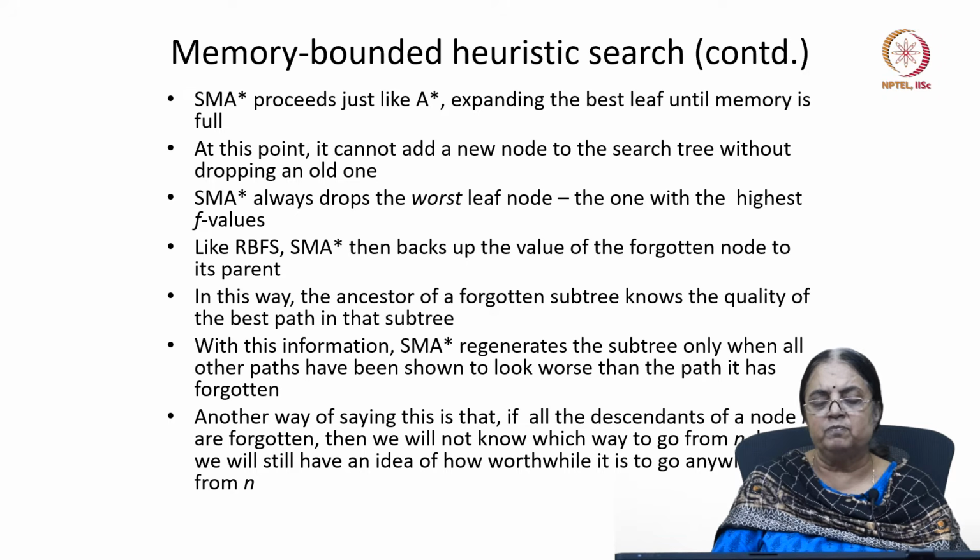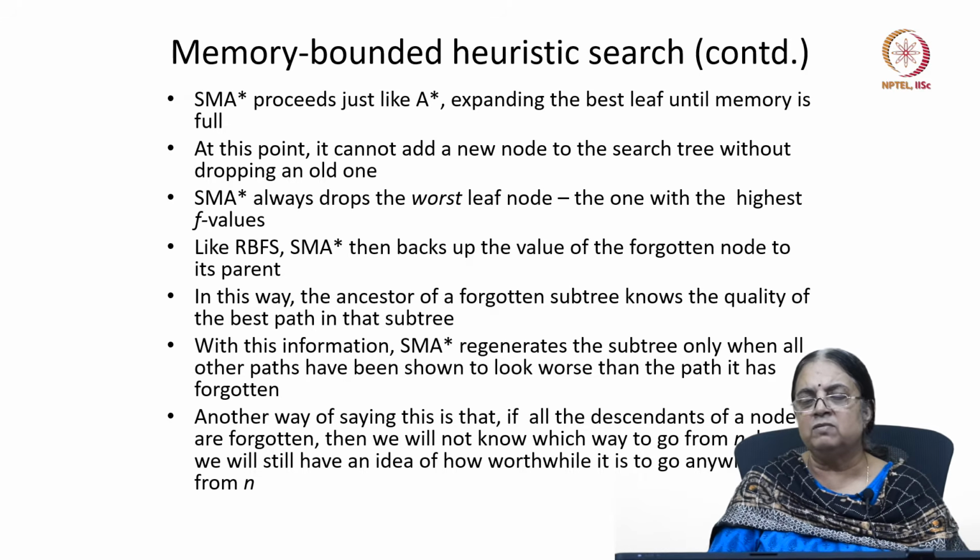But as you go down one tree, if you find that the f cost of the forgotten subtree is better than what you are doing now, then you note down at the root node the f value for this path which you are now working on, and you expand the other subtree. You keep doing this at every point in time. You are removing subtrees which are worse, but if they get better than what you are using now, you go back to those because you will have stored the f value of the forgotten subtrees.